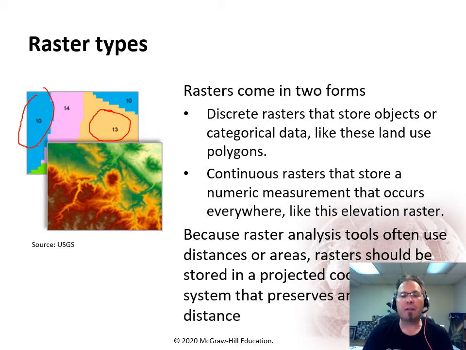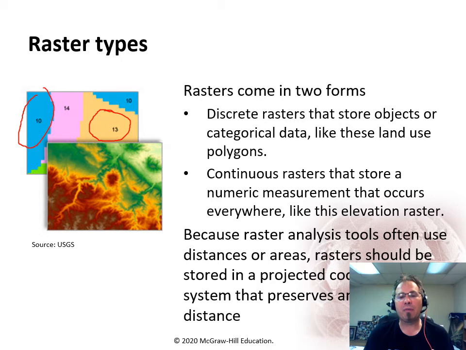The other one is the continuous raster that stores numeric data, but it's constantly changing. So if you have an elevation, if you go outside, the elevation is always changing, even just a little bit. It might be too small for the naked eye to see, but it's a continuous surface. It's not just flat everywhere. So in order to best represent that in GIS, you need an array of cells that can continuously change with it.